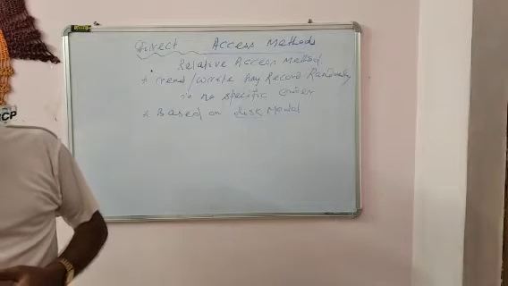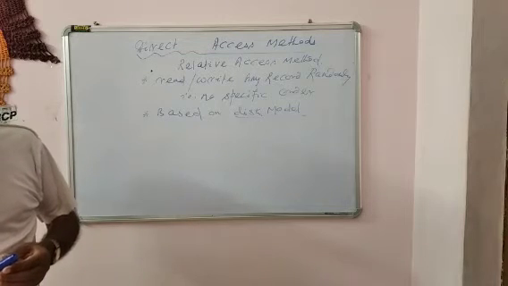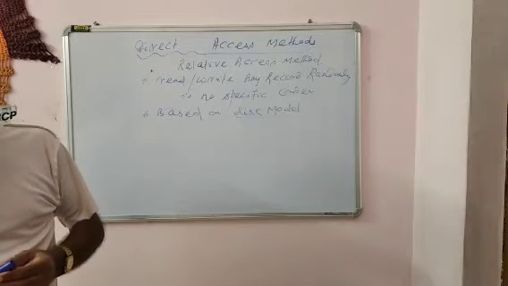For direct access, the file is viewed as a sequence of blocks and records.